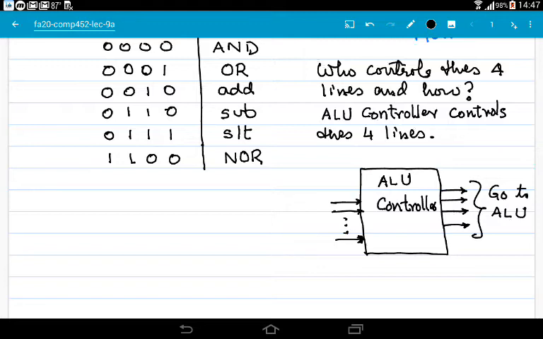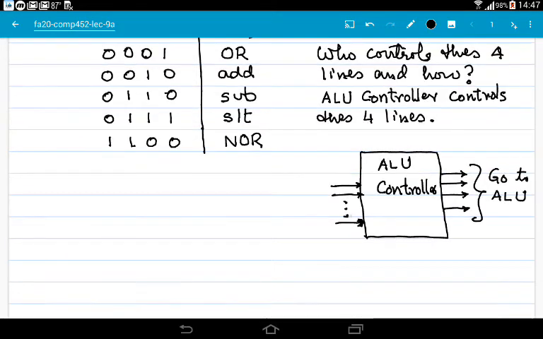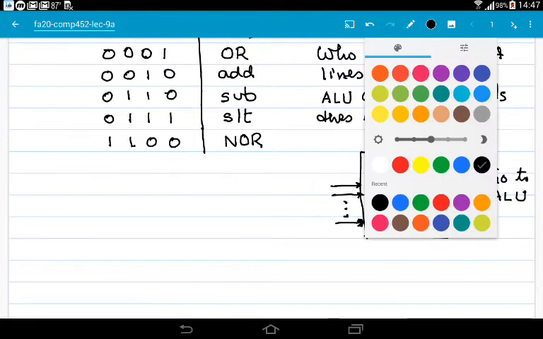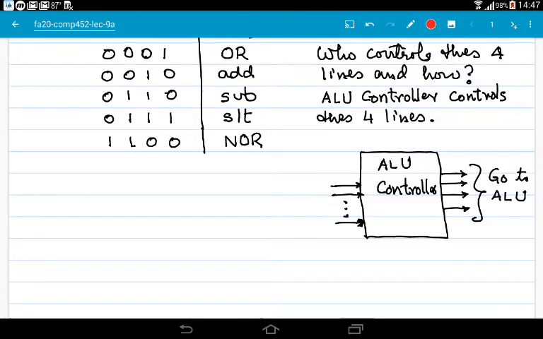Now here the most important thing, and let's write it in red color. Most important. Since it is actually most important, that's why we have written it in red.